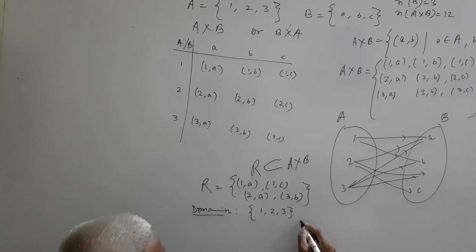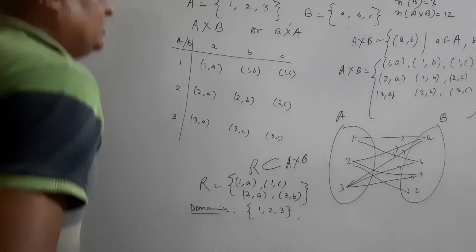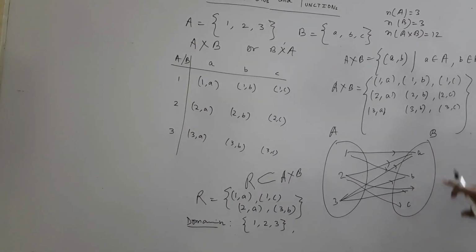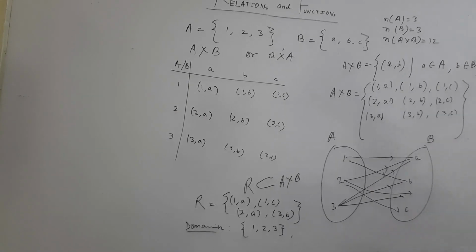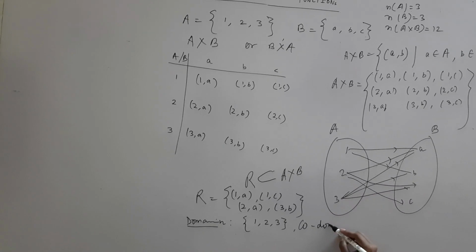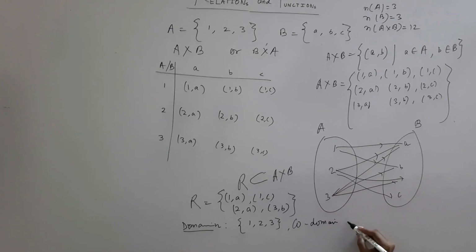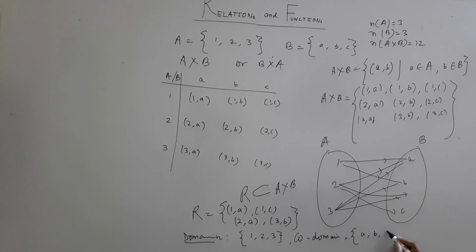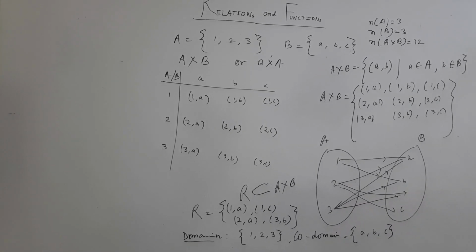Now range. What is range? And codomain. Codomain is the set of all the elements of the second set, like a, b, c. So here we can write codomain: a, b, c.